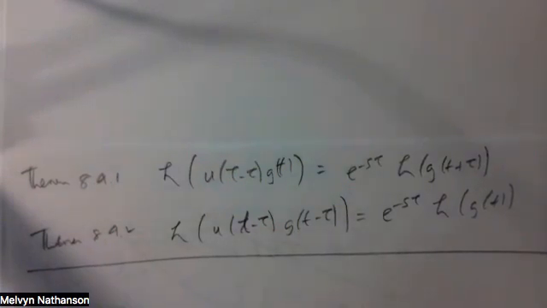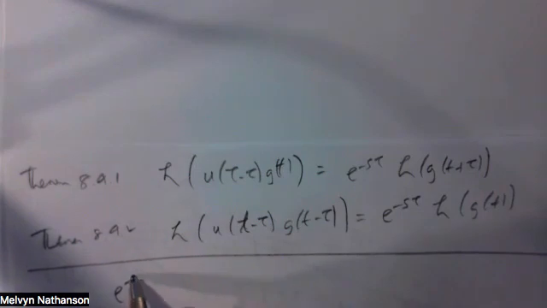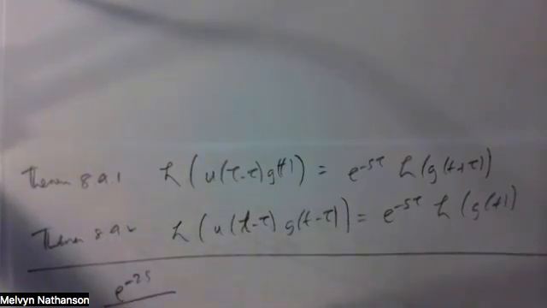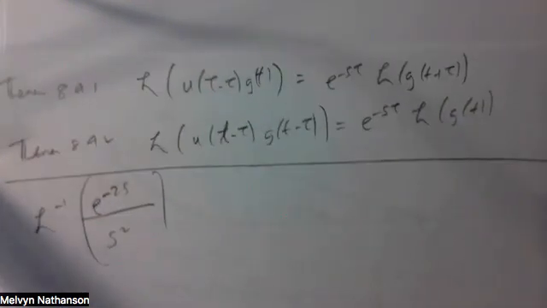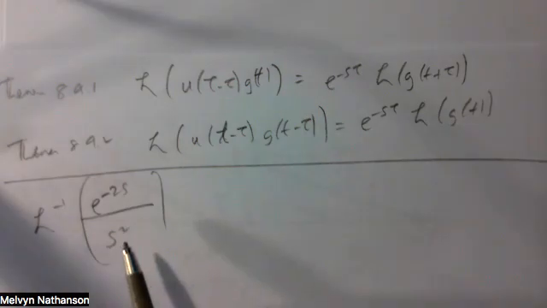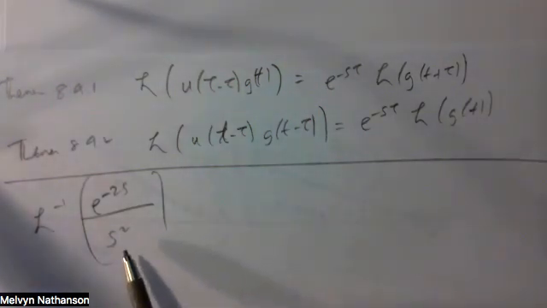Let's look at this. Suppose I have the function e to the minus 2s over s squared, and I want the inverse Laplace transform of this. So I want to find a function of t whose Laplace transform gives us this.